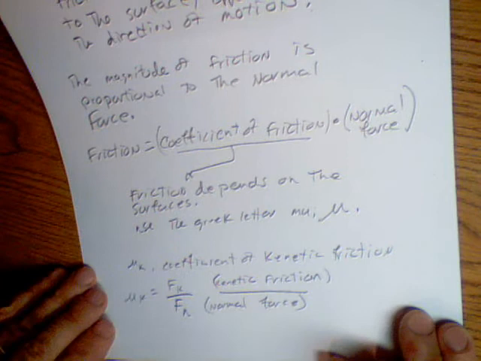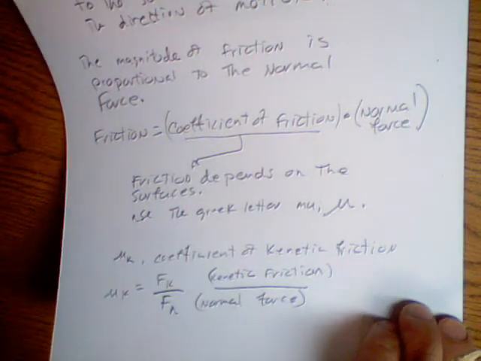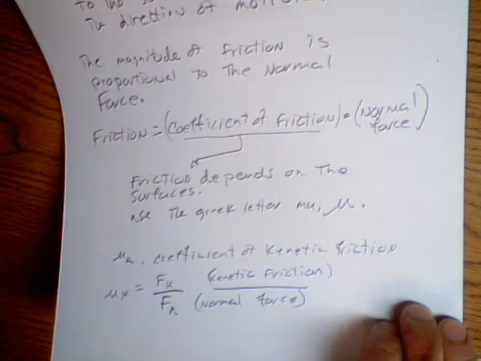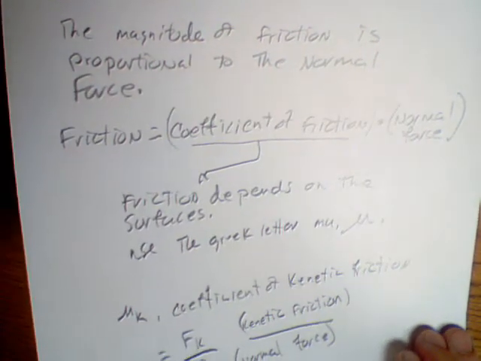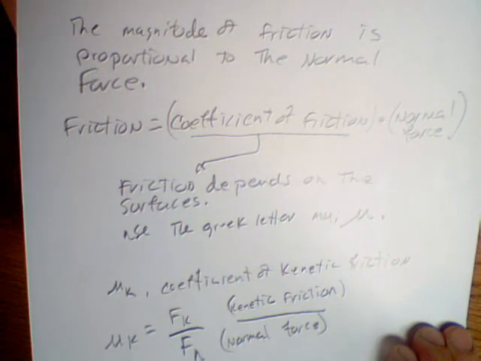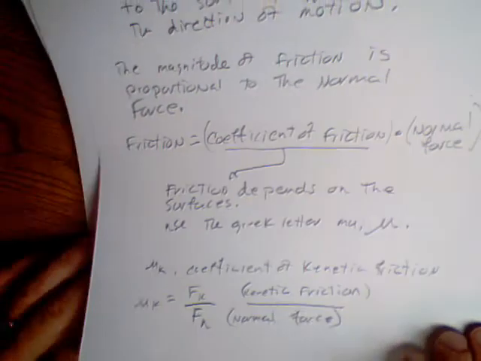So friction can be calculated directly, or what we could do is we could use our coefficients. If we're given the coefficients, we may or may not be given the coefficients.